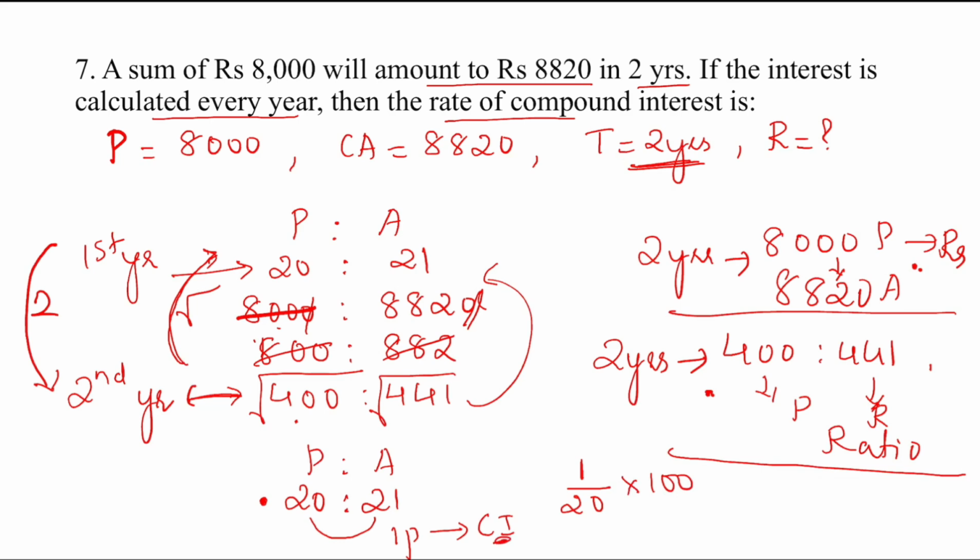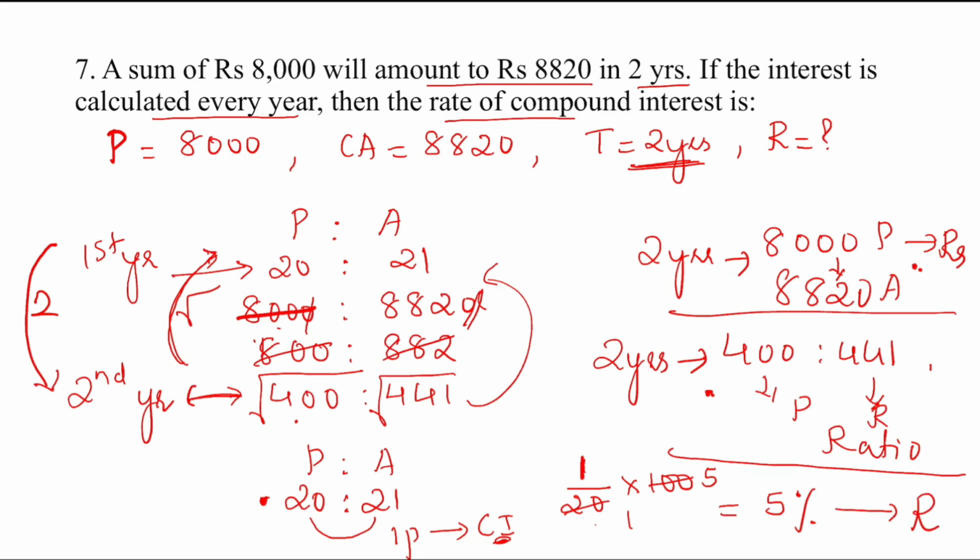Always, interest is calculated on principal, isn't it? So one part is the interest on 20 parts of principal. So 1 by 20 into 100. 20 fives are 100, so this is equal to 5%. So the rate is nothing but 5%. Okay, hope you have understood.